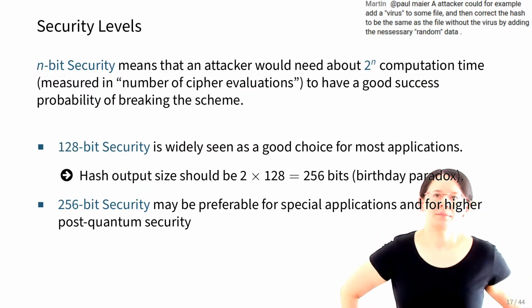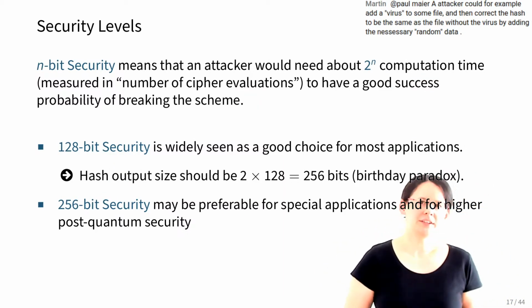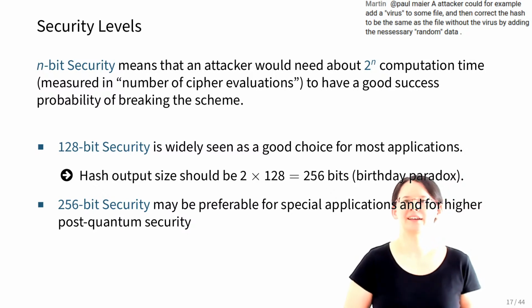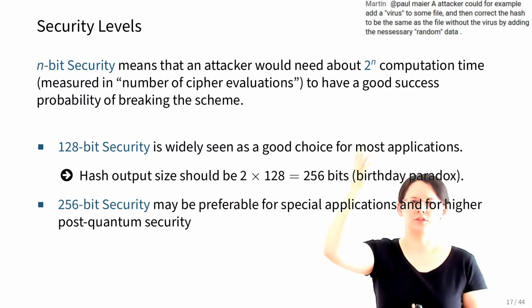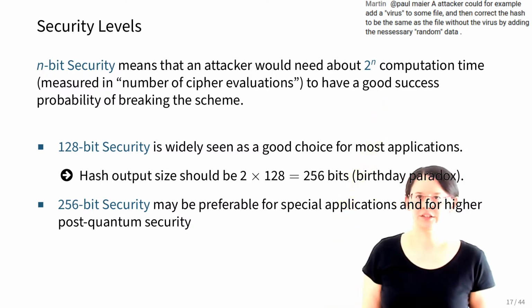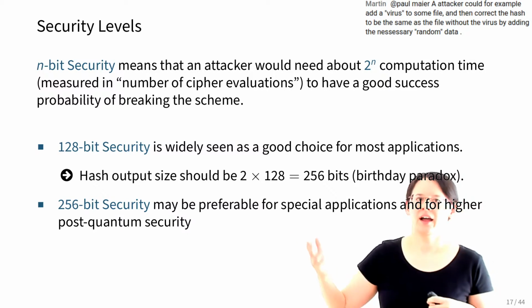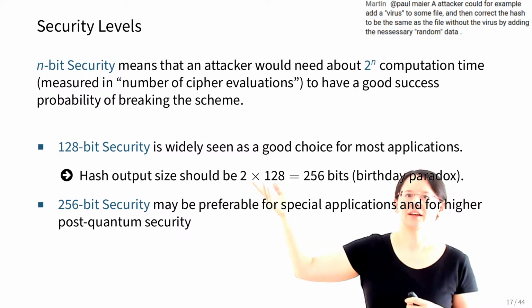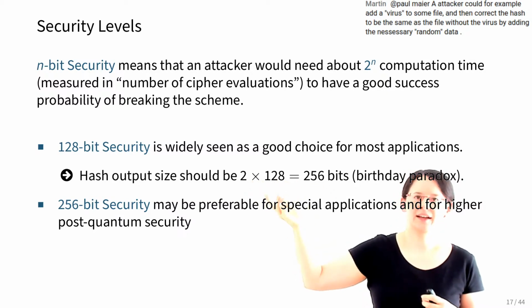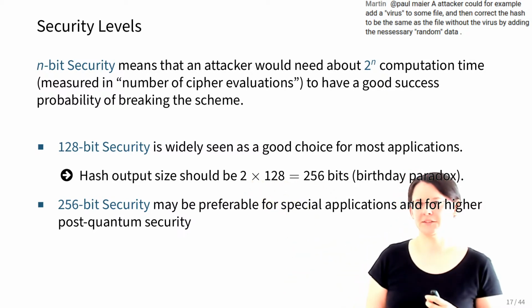But still, they're usually captured by the same sort of security level, and n-bit security means that an attacker would need about 2 to the n of a particular unit. Typically, the main thing is computation time, in order to have a good success probability of breaking the scheme. And based on the previous slide, 128-bit security is very widely accepted as an excellent choice for most applications.